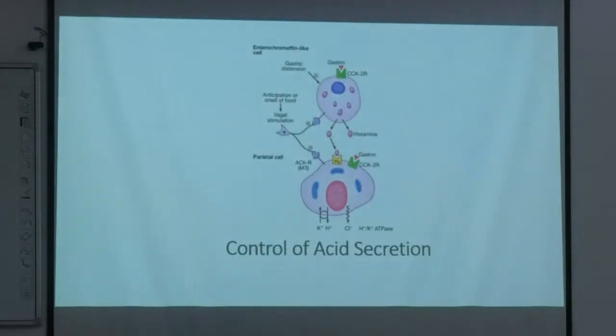Now this control of acid secretion is a very complicated one. If you require, I will take a separate class. It's not that simple. From the sight of the food, we start secreting our gastric juice. From the thinking, from the sight, even while we are taking food, it is secreted.